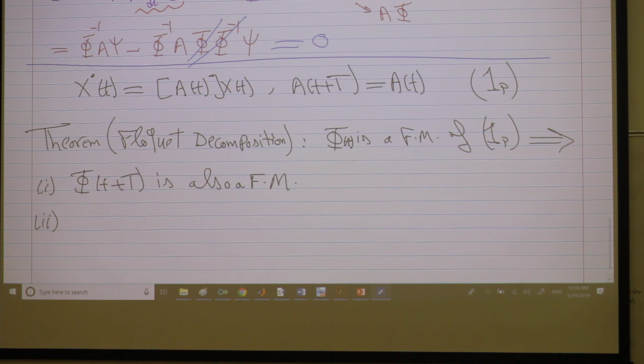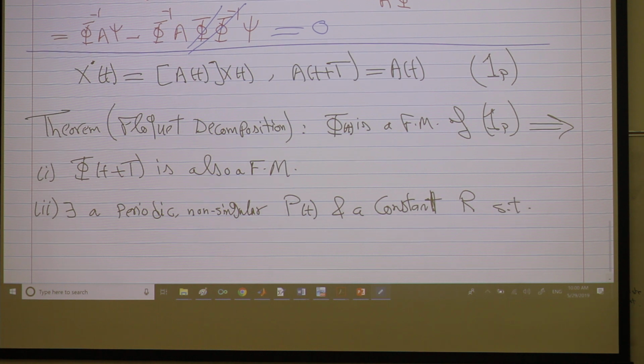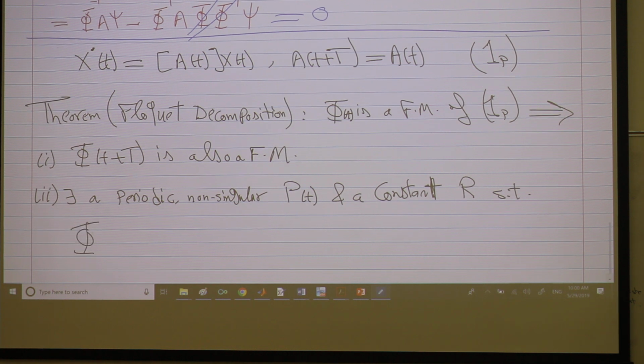This is easy, but we will need it for the second part. The second part is the meat. So there exists a periodic, non-singular matrix P of t, and a constant matrix R, such that you can decompose your flow, your state transition matrix, as P of t e to the R t.